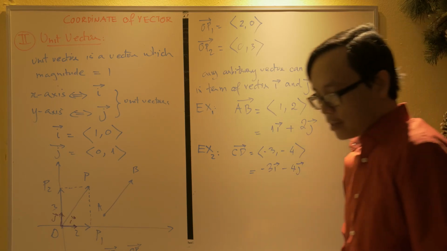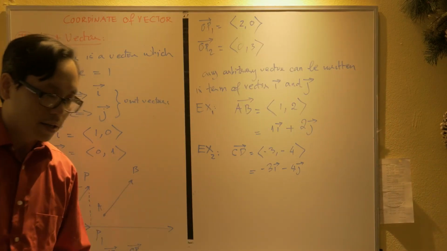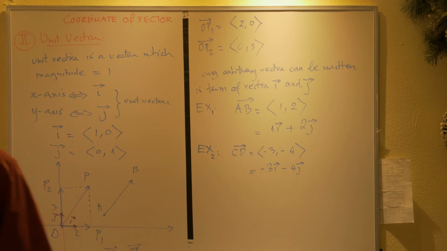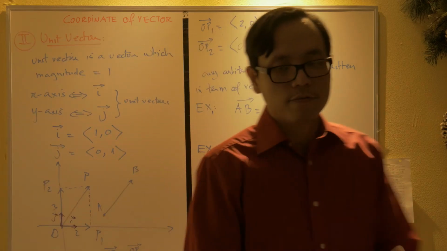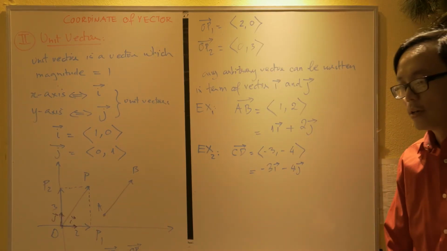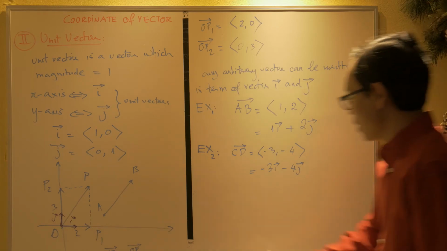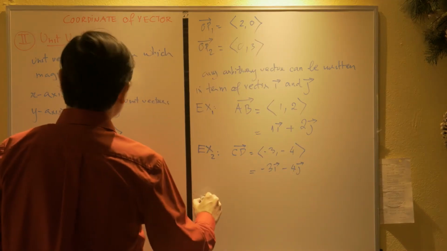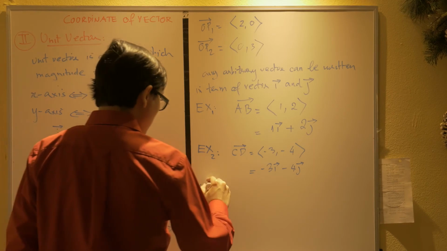Besides, any vector can also be expressed by using its unit vector. What I mean is that given a vector v, you can find a unit vector with respect to that vector. So I'm going to make a star here.